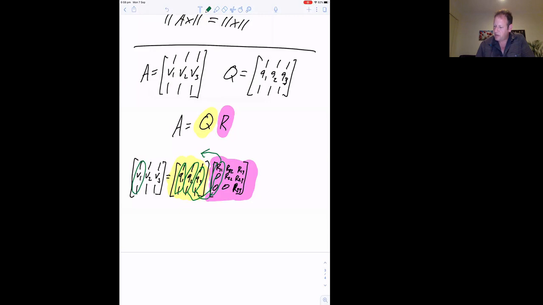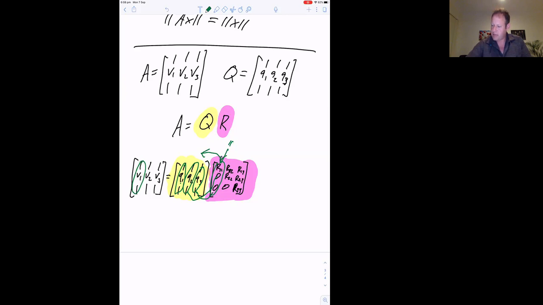So V1 is just R11 times Q1. And the R's are nothing but the norms of the Qi tilde. It's the unnormalizer, the R. So that's how you can reconstruct V1.